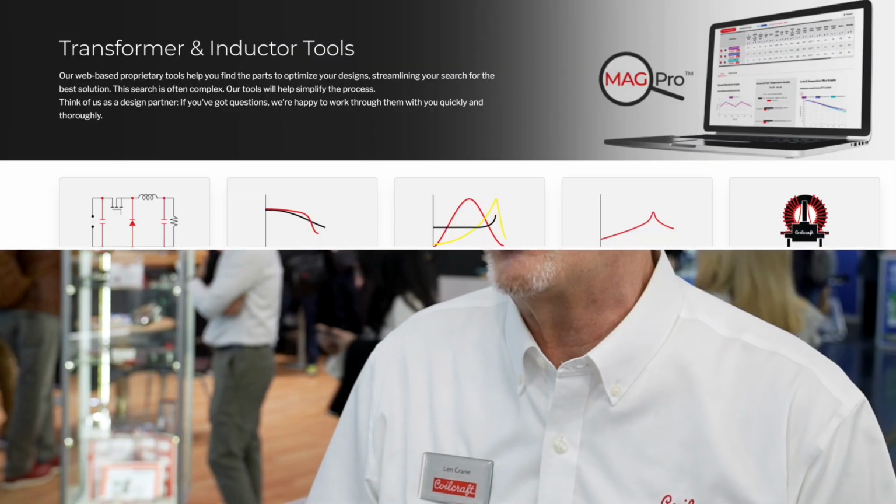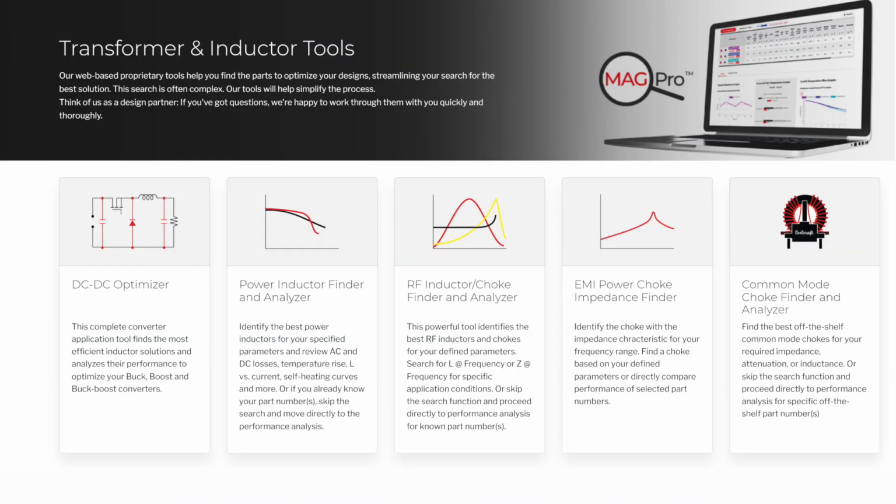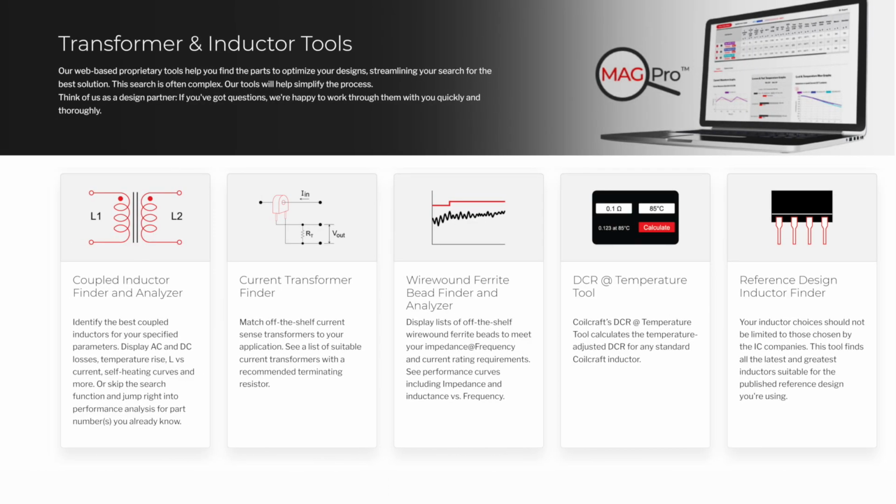The user really doesn't care what we put on the data sheet. The user cares what their circuit requires. And we offer this MAGPro suite of tools that's completely designed with the engineer in mind to get answers based on application-specific inputs.